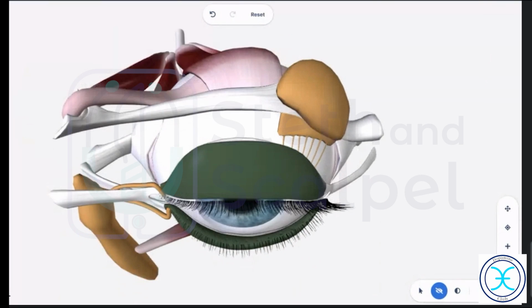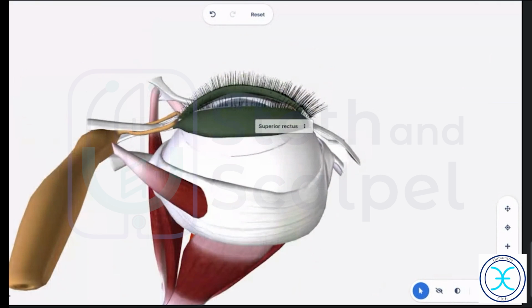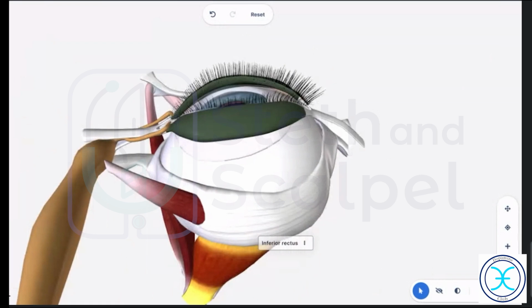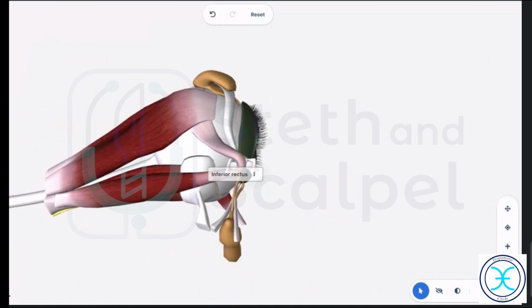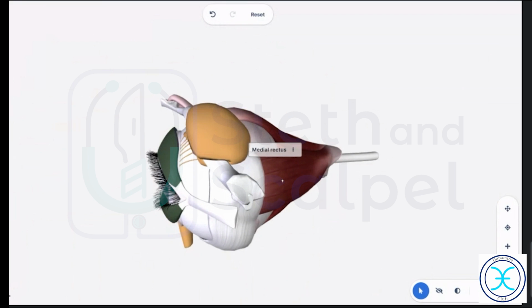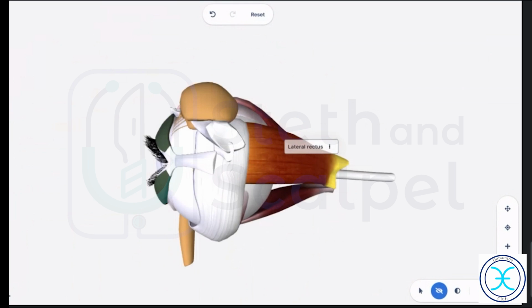Actually, that is the tarsal muscles, and so this will be the superior rectus, and this would be the inferior rectus. And the other recti muscles, medial and lateral. This one is medial. Yeah. So medial one and lateral one. So I'll just remove all of those muscles.